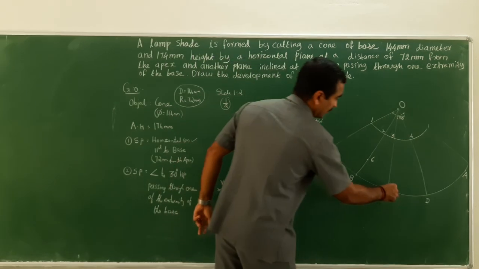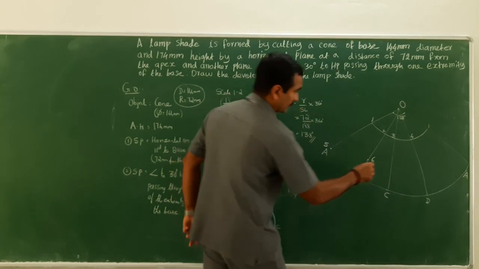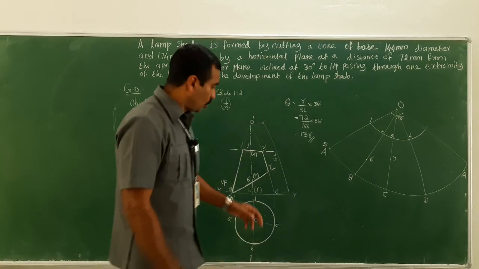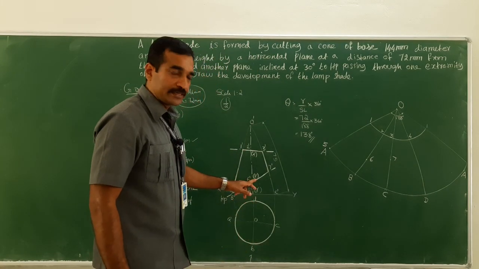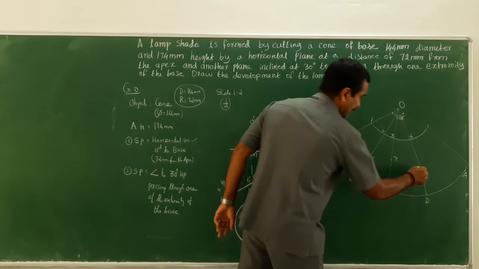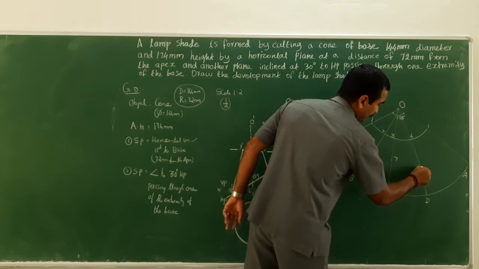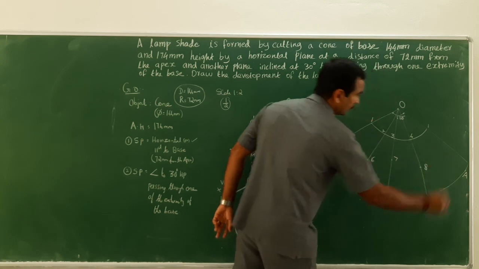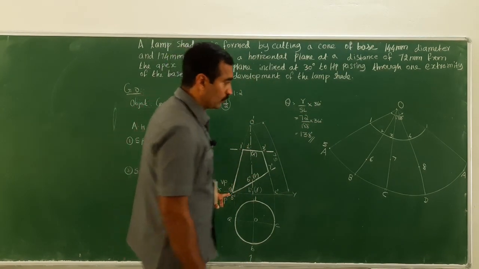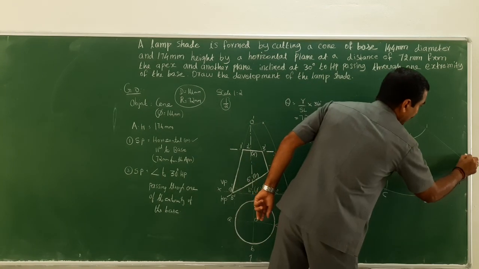This is somewhere here. On OD, it is point 8. So measure O to 8 and transfer it on OD. This could be 8. Next, OA, it is 5, which is on the end point.